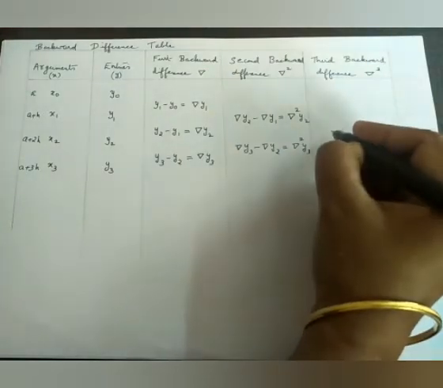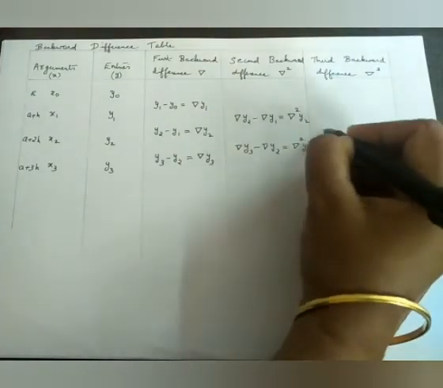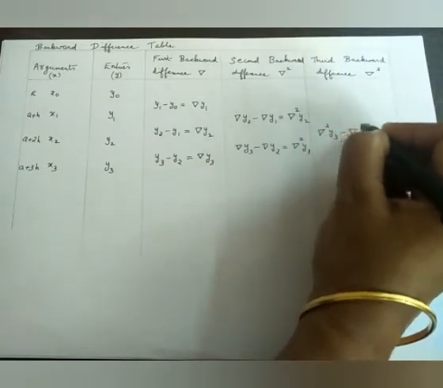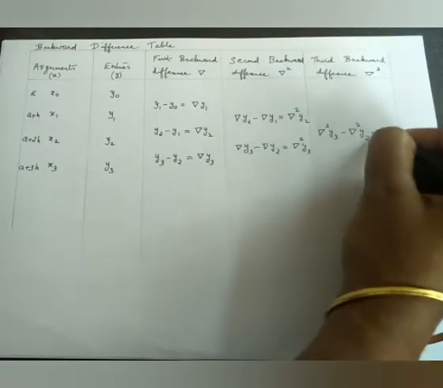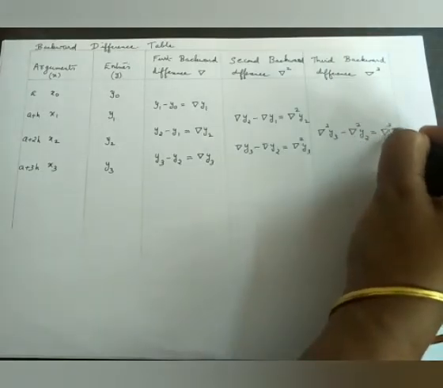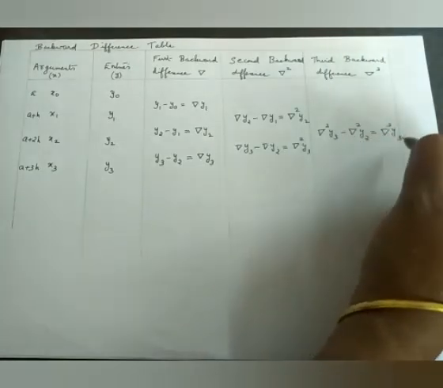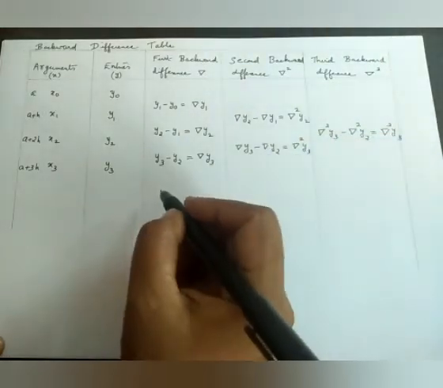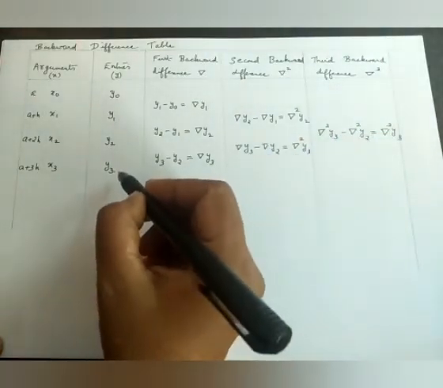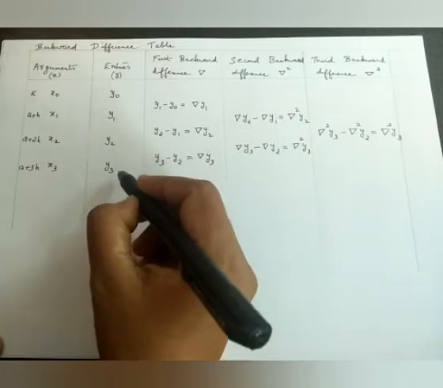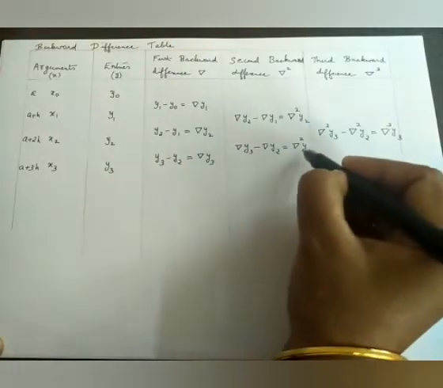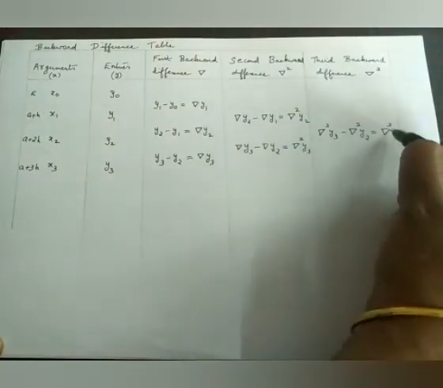Now the third backward difference, where the table ends: del square y3 minus del square y2 is equal to del cube y3. So here we will take y3, then del y3, then del square y3, then del cube y3.